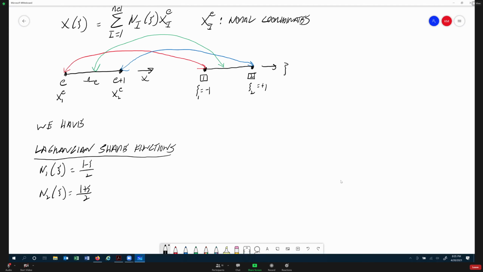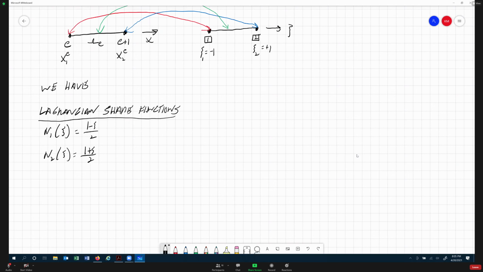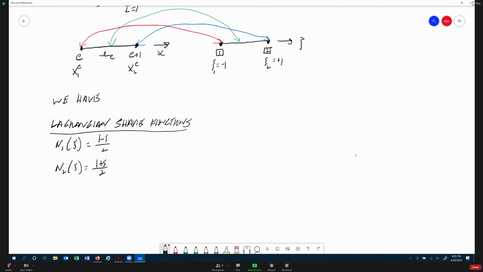Depending on how many nodes we have, they get really complex. And now I've created this relationship with x. So we're saying that x is equal to (1 minus ξ over 2) x1^e plus (1 plus ξ over 2) x2^e.